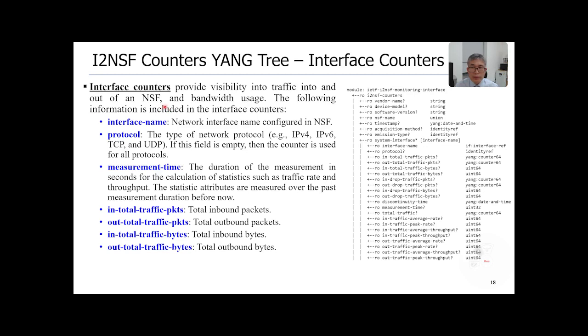So we have interface counter. Interface counter is an important example. These counters provide visibility into traffic into and out of an NSF, such as the firewall, and bandwidth usage.